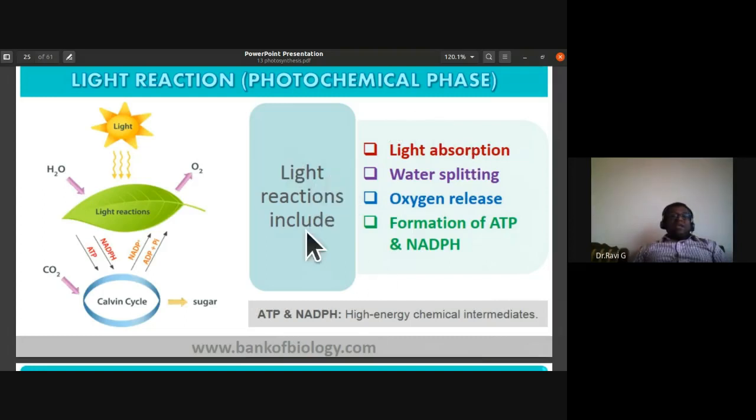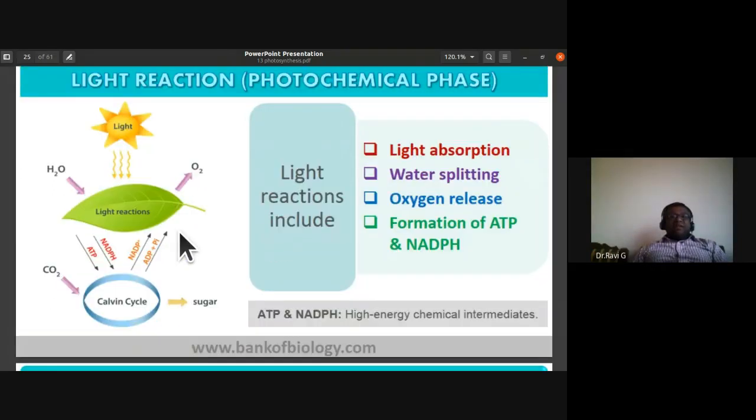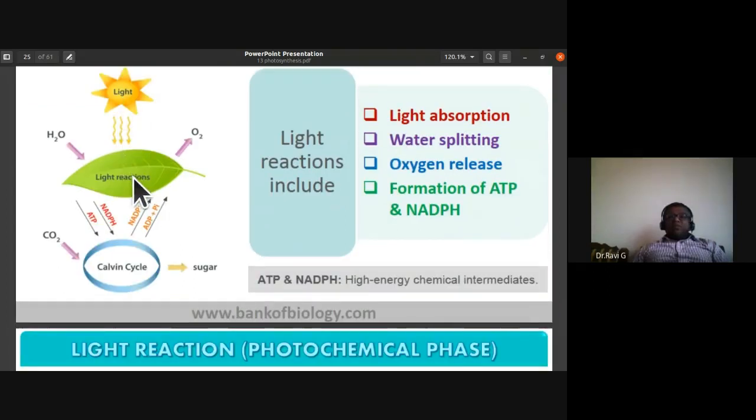Light reactions involve light absorption, water splitting, oxygen release, and formation of ATP and NADPH. If you look at this slide, light is incident on the leaf, which takes up water and carbon dioxide and undergoes photosynthesis. Oxygen is liberated.